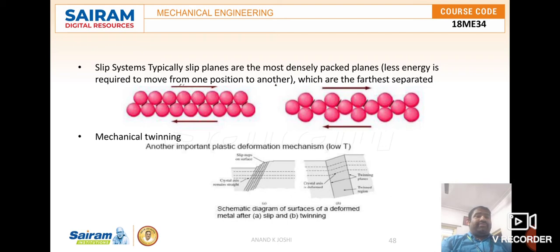Again, if slipping takes place, it will change the position of the atoms in the material. In case of twinning, what happens is the twinning mechanism allows the shear stress required to initiate the twinning, the high twinning, and also the atoms move a fractional distance of atomic spacing.